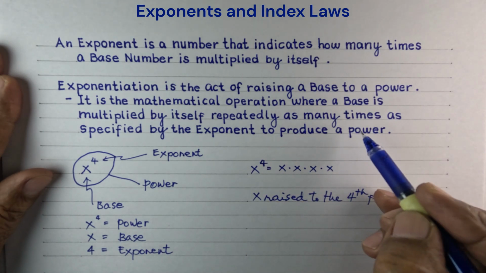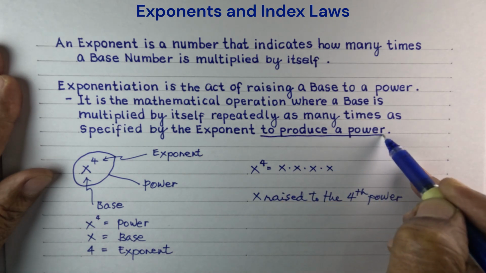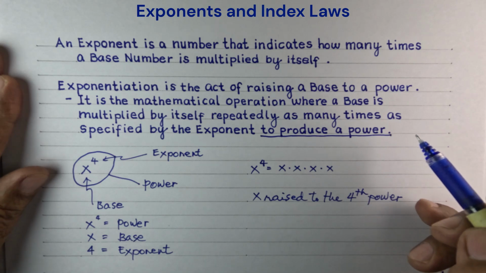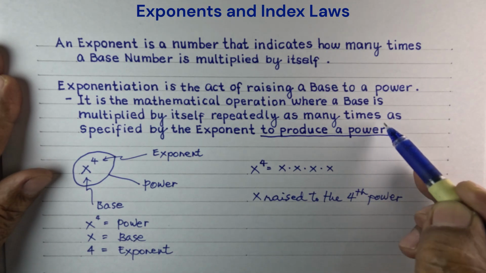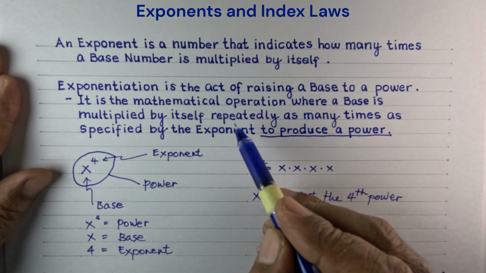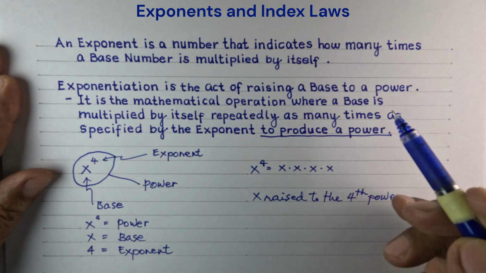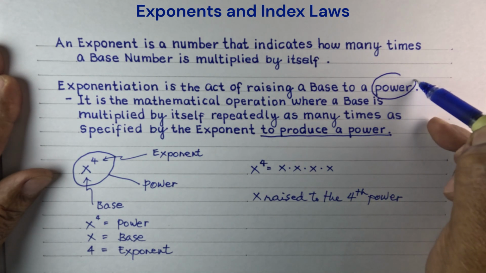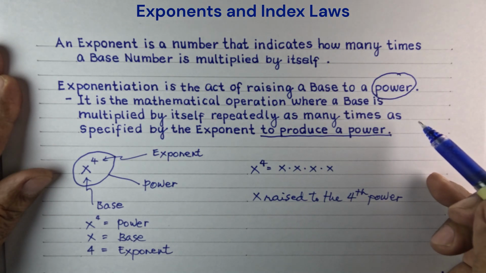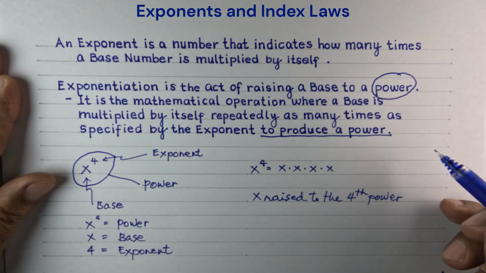So let me underscore the phrase to produce a power. That means a power is produced once the exponentiation operation has been completed. So therefore, the word power here, in effect, is the end result of that exponentiation operation.